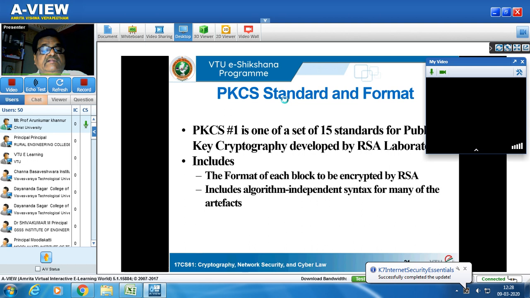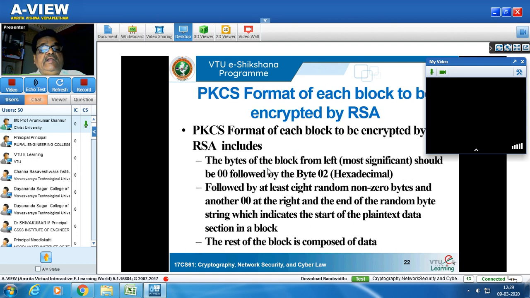Like that, second standard, third standard, totally 15 standards have been proposed by RSA for public key cryptography. It includes the format of each block to be encrypted by RSA, and it also includes algorithm-independent syntax for many of the artifacts.